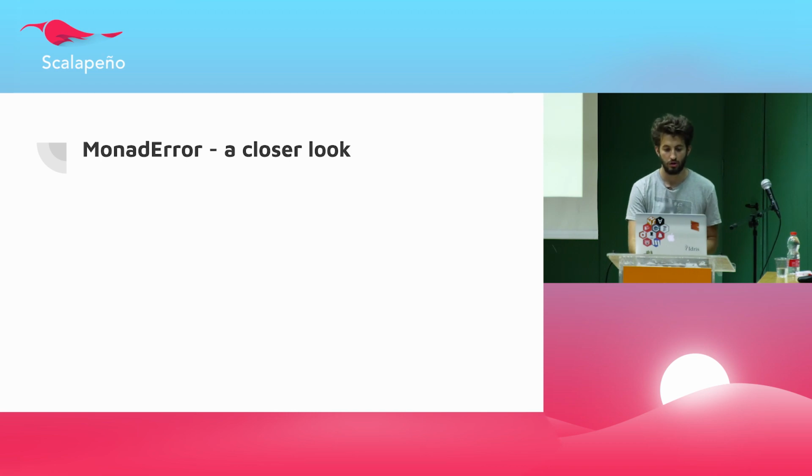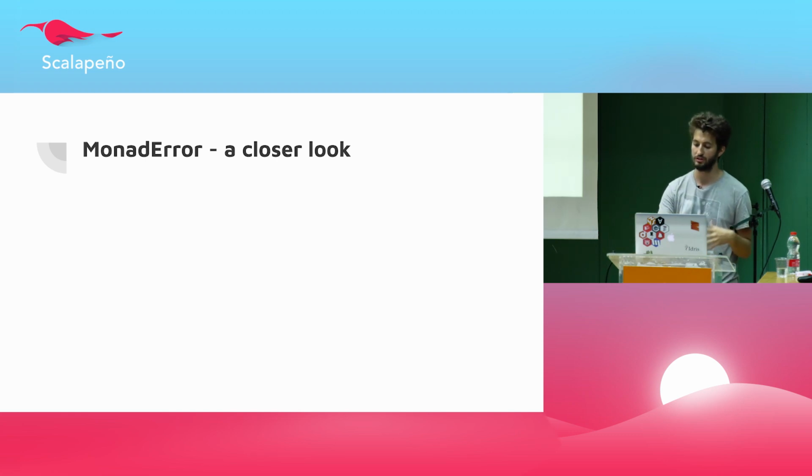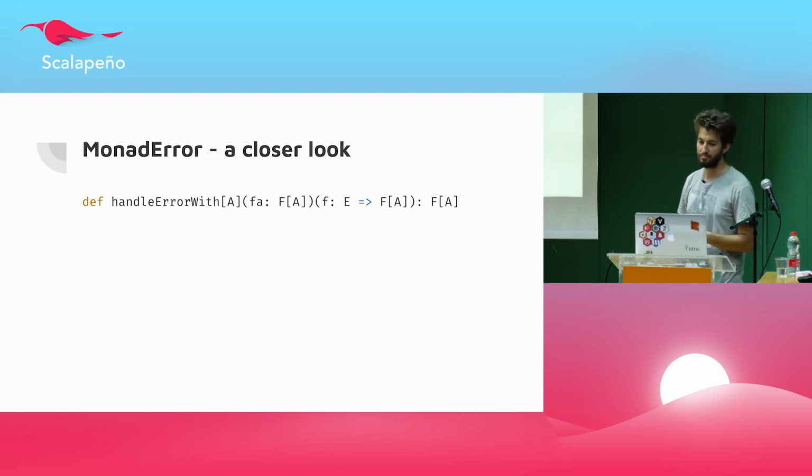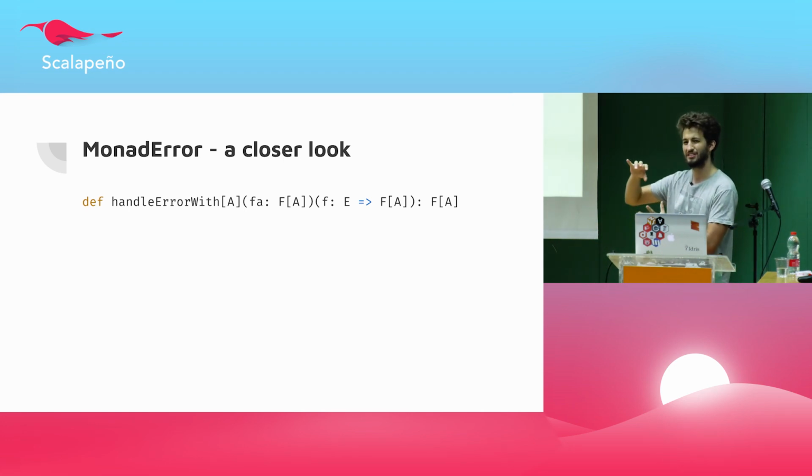Okay, cool. So let's have a closer look at this monad error type class and its interface, right? So let's look at the first function, the second function actually, handleErrorWith. And this is called catch in Haskell. It basically gives you the ability to say that, hey, I have this type that might contain an error. Let me handle it somehow.